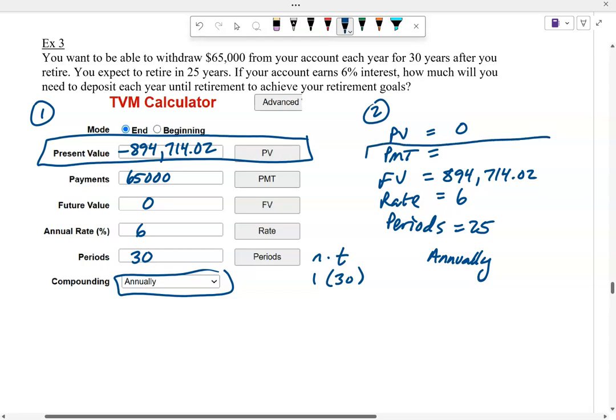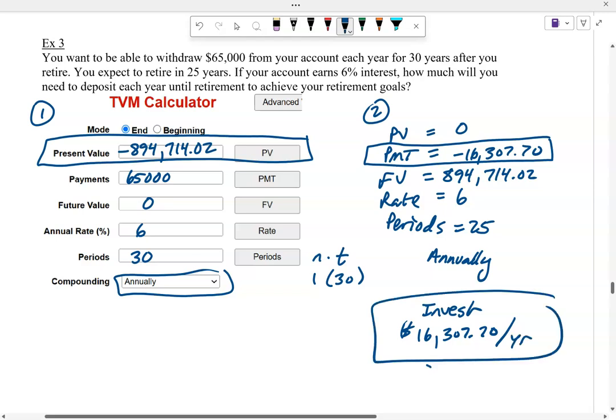So what would my payment have to be? I click on that, and that'll give me $16,307.70 a year. I've got to invest $16,307.70 per year for 25 years to make sure I have that $894,714.02, so that I can sustain my lifestyle in retirement.